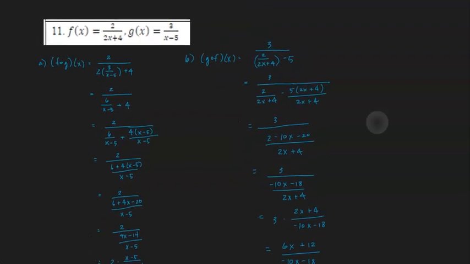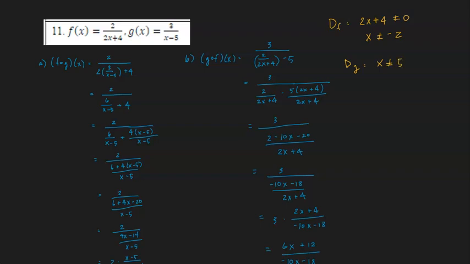Okay, so for the domain of f, 2x plus 4 cannot be equal to 0, so x cannot be equal to negative 2. And then the domain of g is where x cannot be equal to 5.